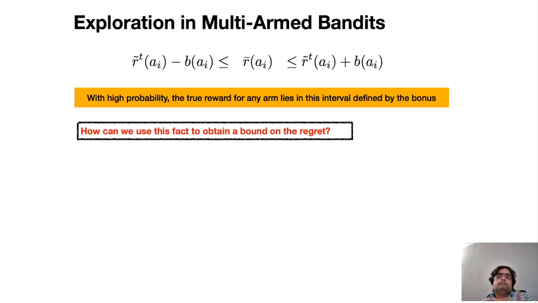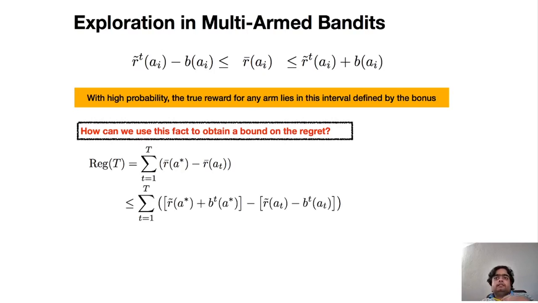So how can you use this fact to obtain a bound on the regret? It turns out that it gives us a very convenient decomposition, a convenient bound on the regret. That is also a good bound. Remember that the regret was basically the suboptimality that you incur at each iteration because you're not playing the optimal arm A star.